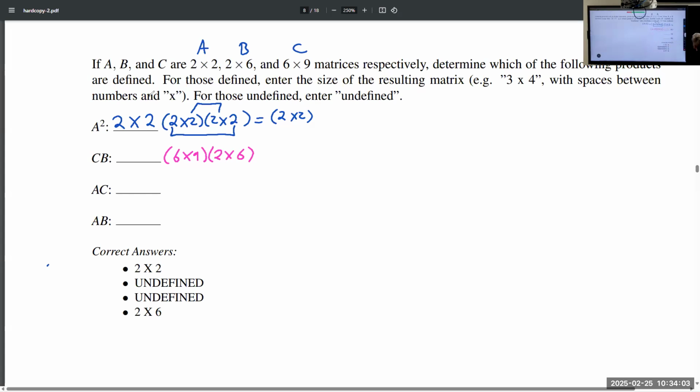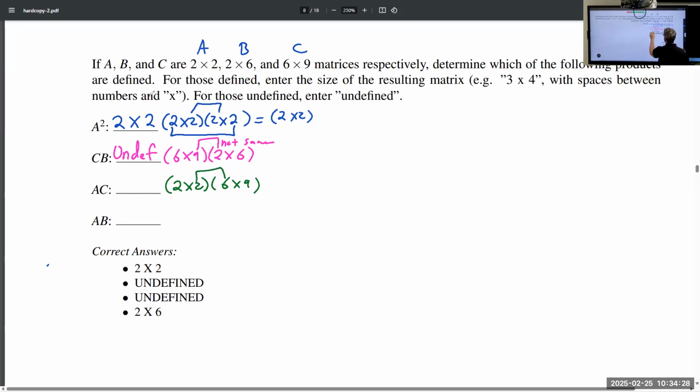6 by 9, 2 by 6. Inner dimensions are not the same. Undefined. AC. 2 by 2, 6 by 9.